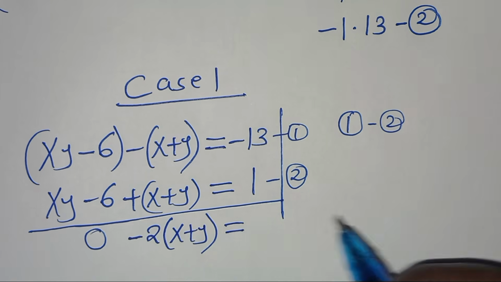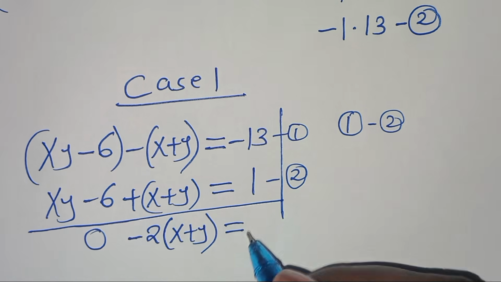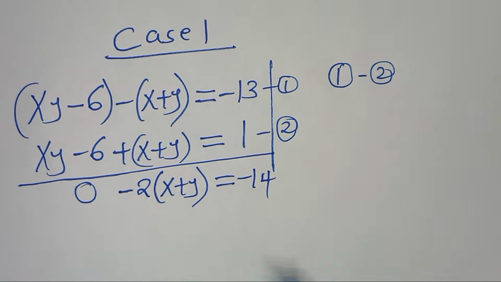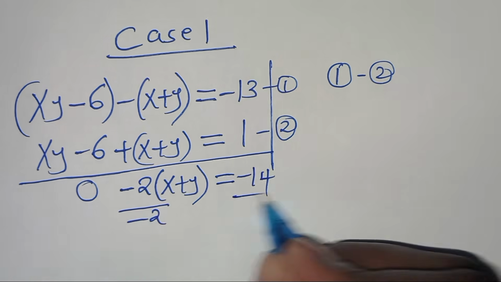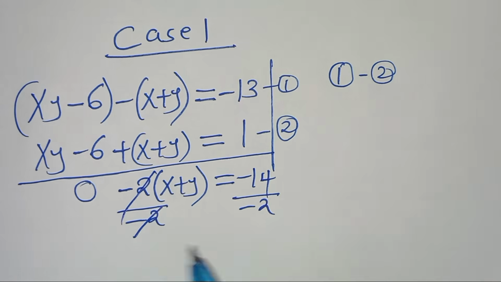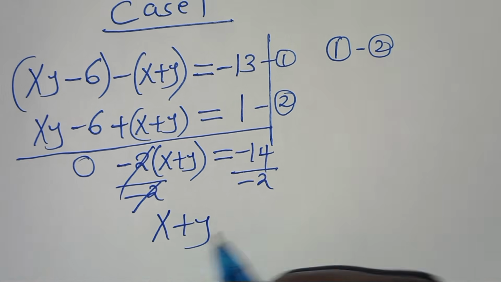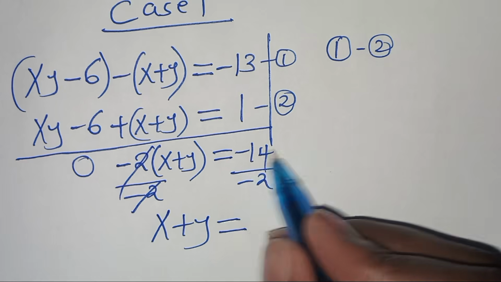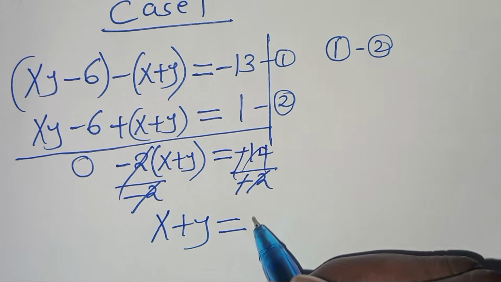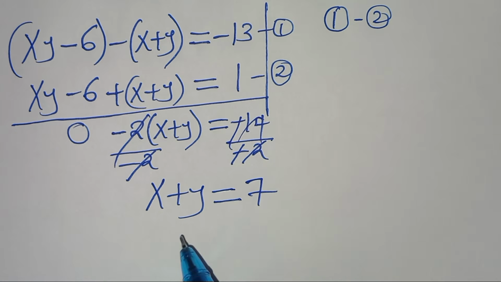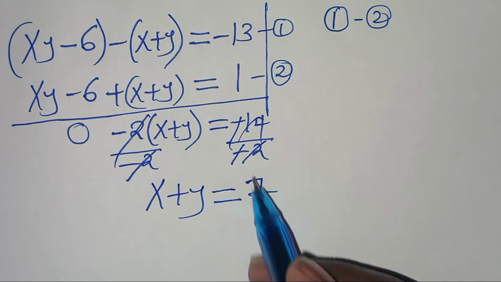This is equal to -13 - 1, which is -14. So let's divide both sides by -2. This implies that x + y is equal to -14 over -2, which is 7. So we have x + y equal to 7.